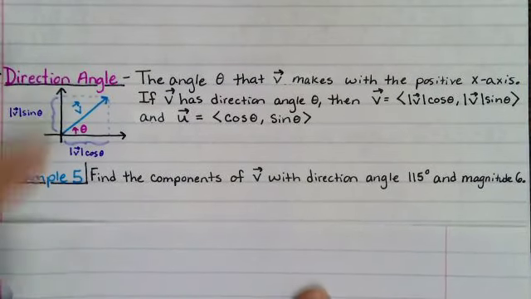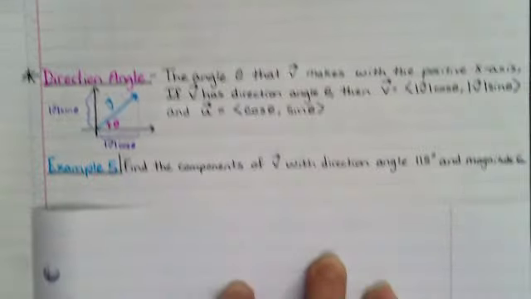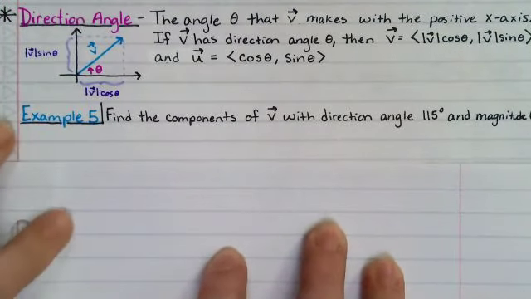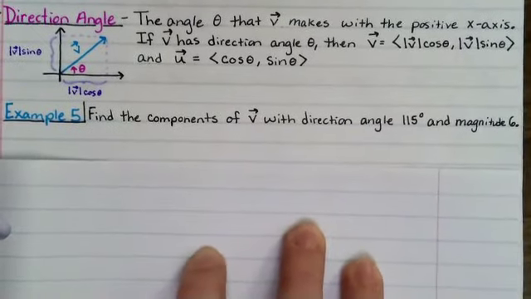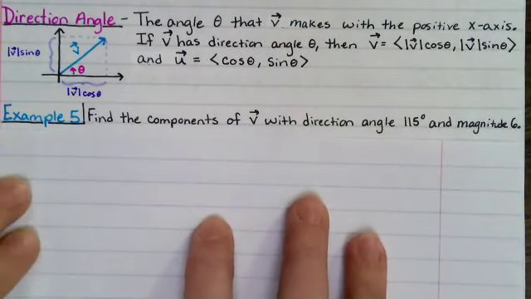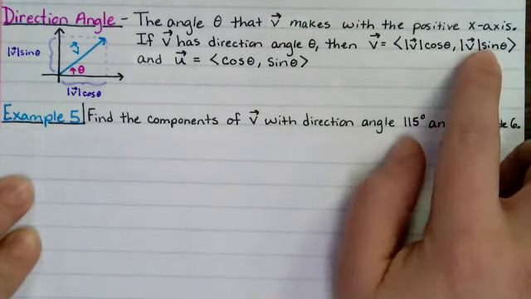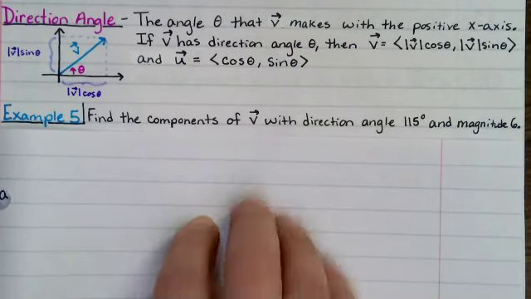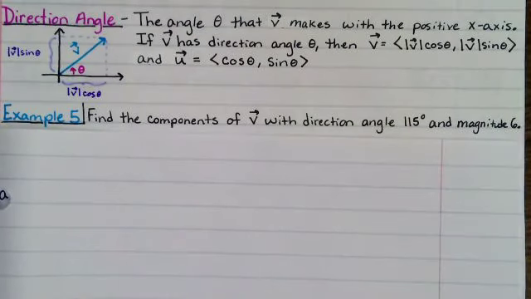Number 1, we're going to do example 5, and it says to find the components of V with a direction angle of 115 degrees and a magnitude of, wait for it, 6. So we are using the relationship we just had up here. They said find the components. They gave me the magnitude and the direction angle. So this is a simple matter of plugging things in.